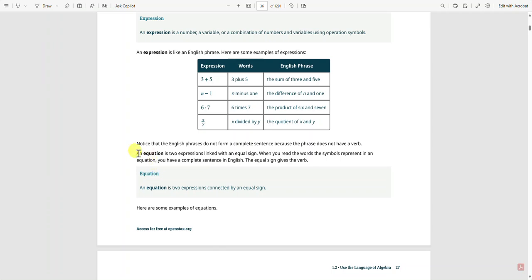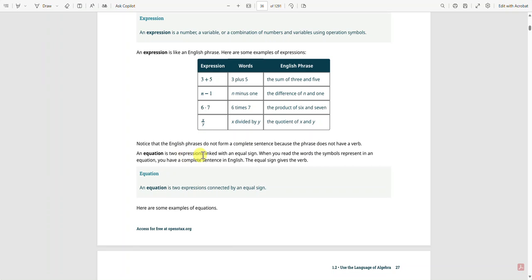So let's read here. An equation is 2 expressions linked with an equal sign. Notice the word equation. Equation is two expressions linked with an equal. Notice equation and equal. So an equation has an equal sign.